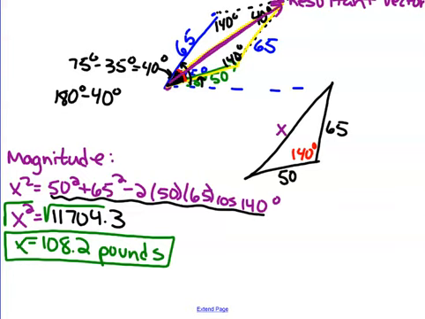Now the direction. Let's go back to this triangle here. The direction we're looking for is this piece here. Maybe I'll do it in yellow. This is the direction right here. We're trying to figure out how big this angle is from the ground.